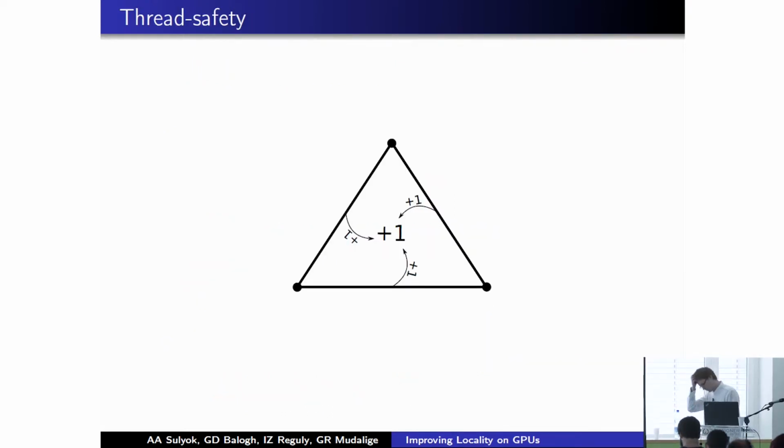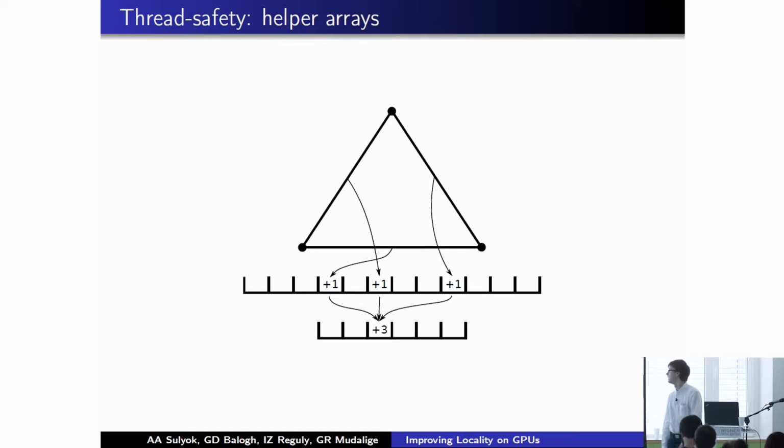Now, what we first want to avoid when doing parallelizations is data corruption by concurrent increments. The first way to do that is to use atomics. But these are slow, especially on older hardware, which doesn't even have hardware support, for example, for double precision atomics. The second way is to use a large helper array, so that when the intermediate results are calculated by the threads, they get placed into the array at separate locations corresponding to that particular thread.